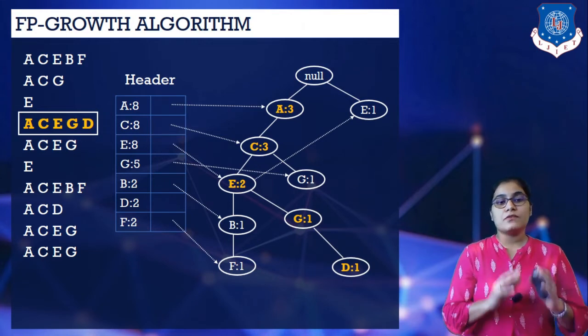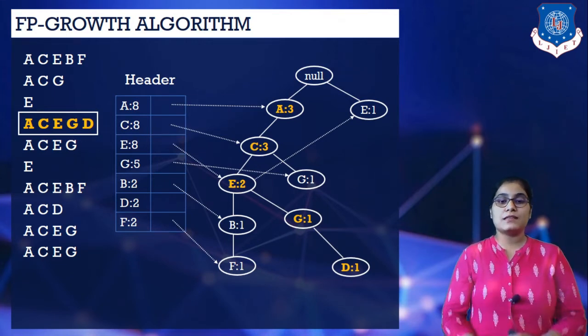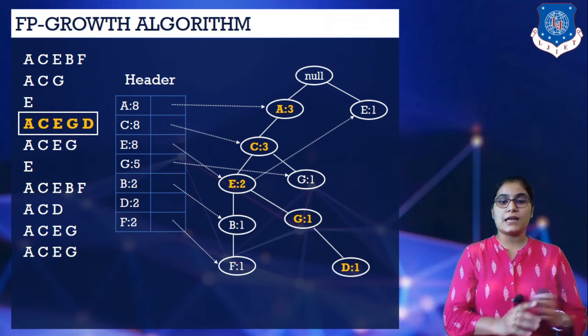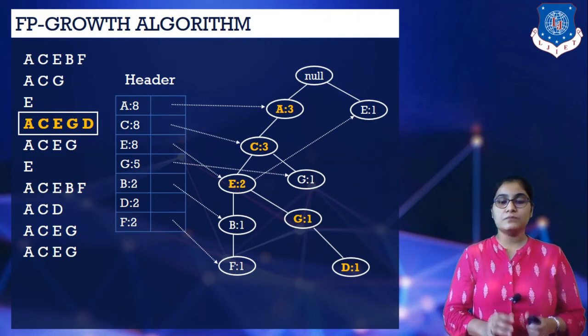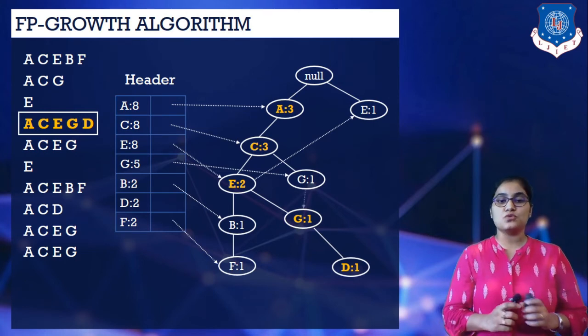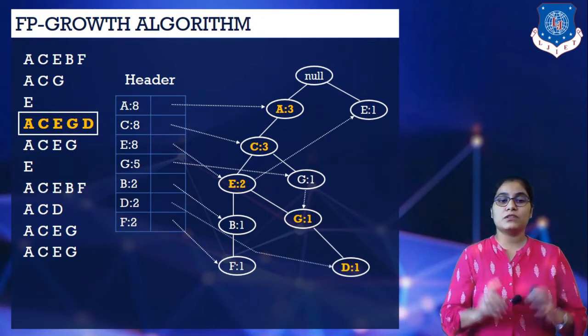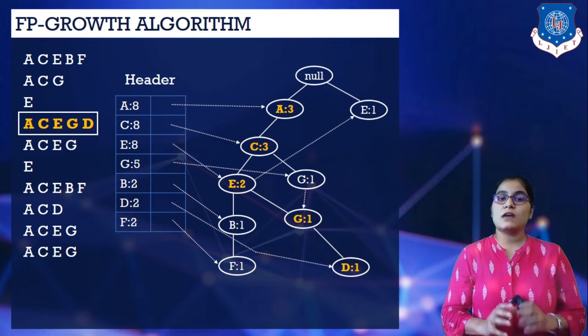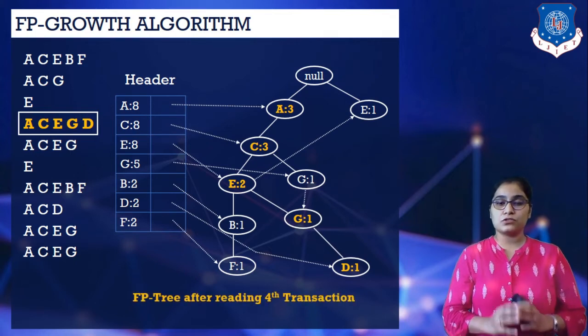And same, we have to create node D which is linked directly with node G and initialize it with count 1. Here we already have a node G in our tree, and that is why we just have to link our newly created node with the previously created G node. Node D is created for the very first time in our tree, and that is why we have to link it with the header table. So that is how our tree looks after the fourth transaction.